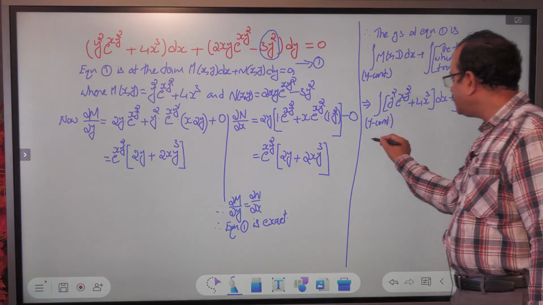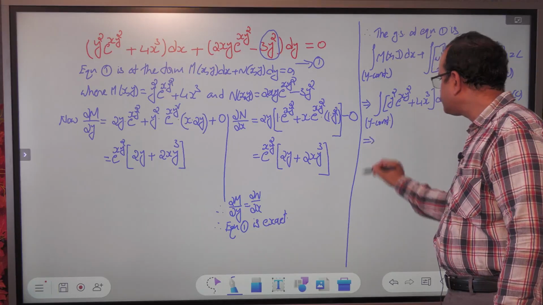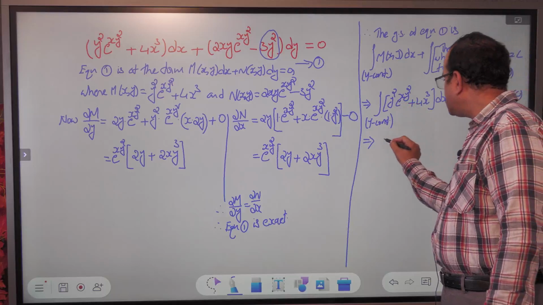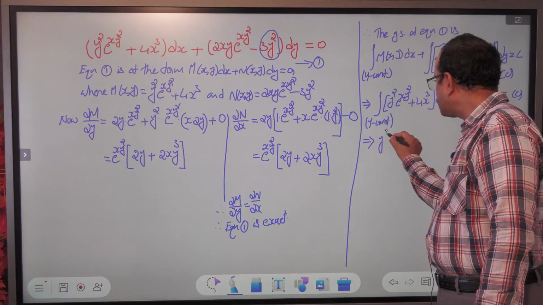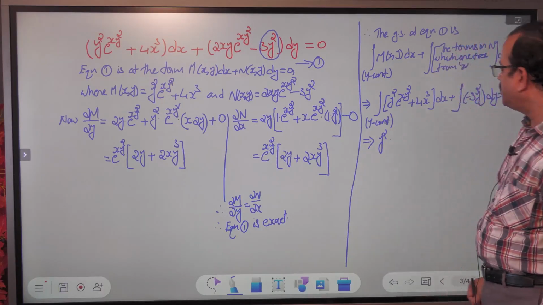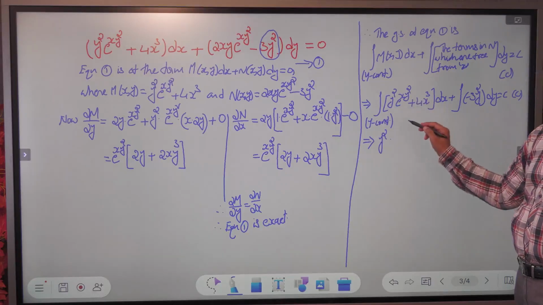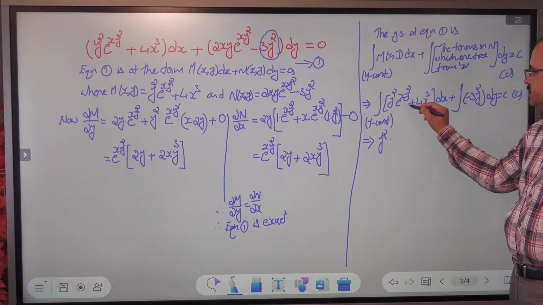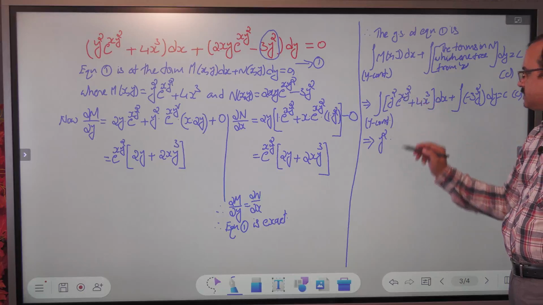Now if you find the integration, here y² is a constant. It is very important: the integral of e^(xy²), where y² is a constant, is of the form e^(kx).